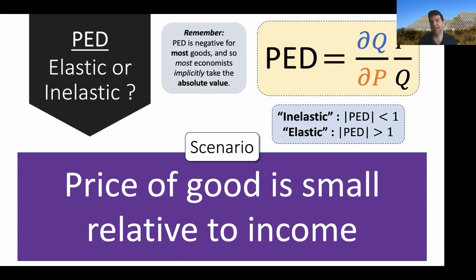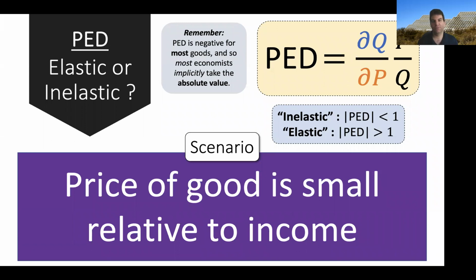I'd say it's inelastic because an increase in the price is not going to change your likelihood to buy it. If it's $1, $1.50, or 50 cents, and you make significantly more than that, then it is such a small fraction of your income that your decision making is not going to be dominated by a small increase in the price.